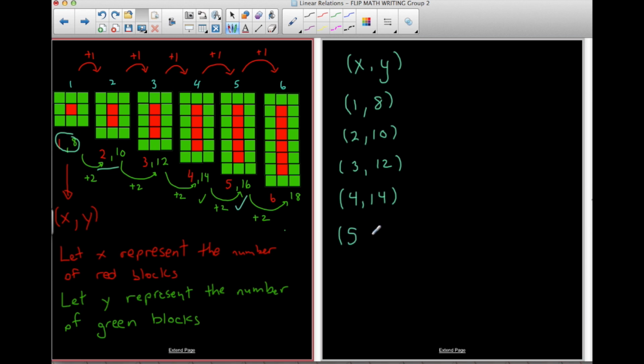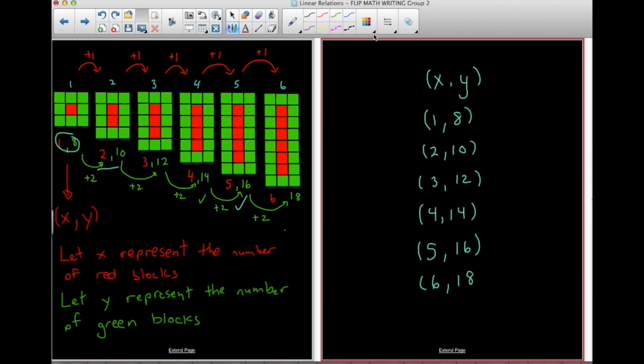Our fifth shape, 5 red blocks and 16 green blocks. And our sixth shape has 6 red blocks and 18 green blocks. We notice that as we moved from each shape to the next, we increased the number of red blocks by 1 each time, and we increased the number of green blocks by 2 each time.